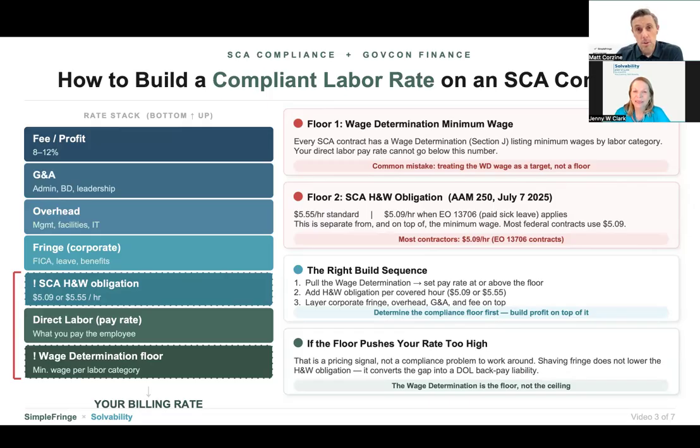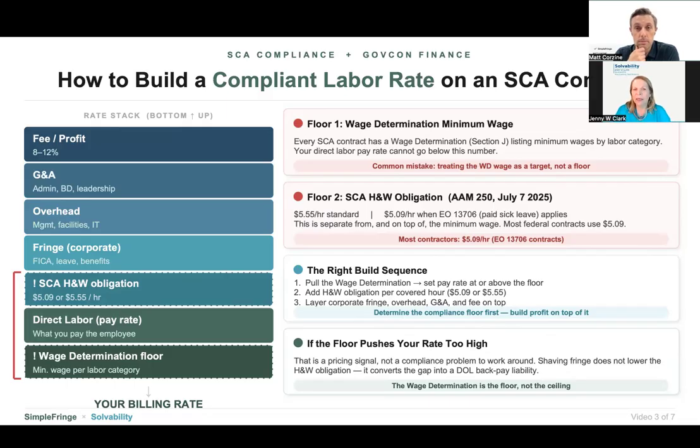But for today, it's a little bit confusing. On a wage determination, you will see two health and welfare rates. You'll see typically the 5.55 and the 5.09, but in 99% plus of the contracts, it's the $5.09 per hour health and welfare rate that will apply to the contract.